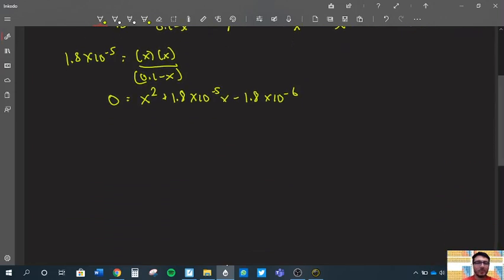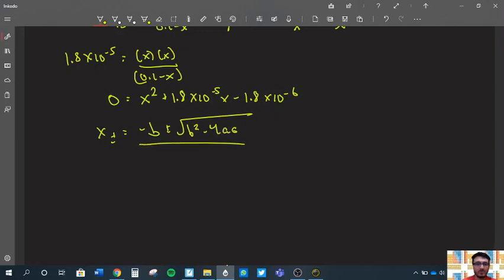I'm going to plug this into our quadratic equation. So x, again, we know we're going to have a plus or minus value here. Negative b plus or minus the square root of b squared minus 4ac. I'm not going to do the whole thing because you can do this yourself. Then I'll give you the x values.